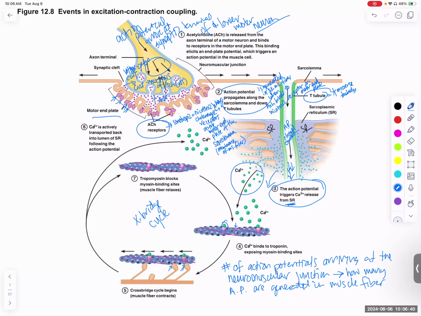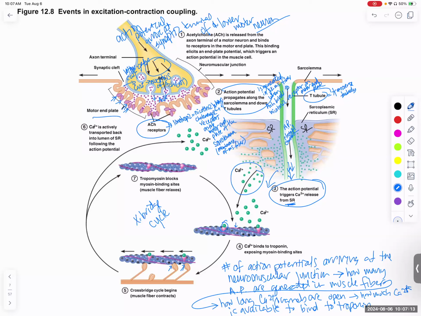Now, how many action potentials are generated in the muscle fiber is going to result in how long voltage-gated calcium channels are open, which determines how much calcium is available to bind to troponin on the actin strand, right?